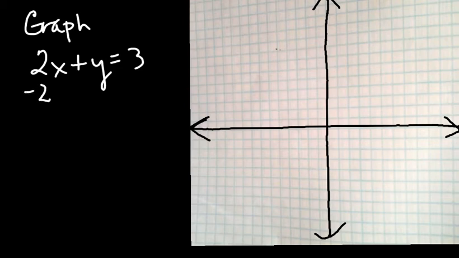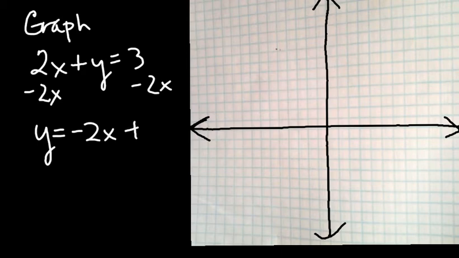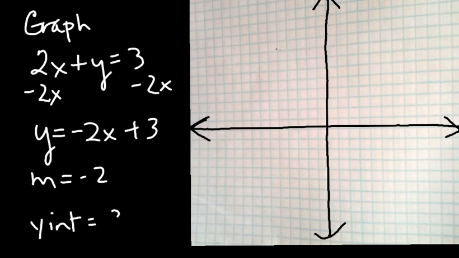So minus 2x minus 2x, that gives us y equals negative 2x plus 3. So the slope is negative 2 and the y-intercept is 3.